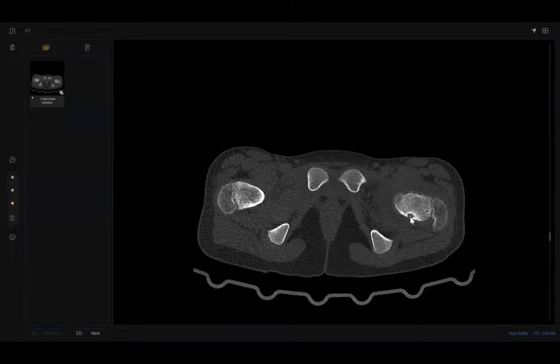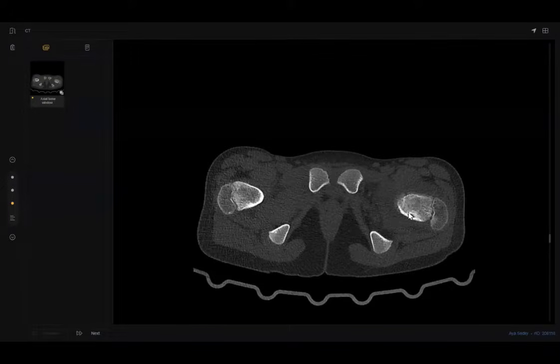Please, my colleagues, these are three different entities. Osteoid osteoma is generally a lucent, non-mineralized bone with central calcification and peripheral sclerosis.